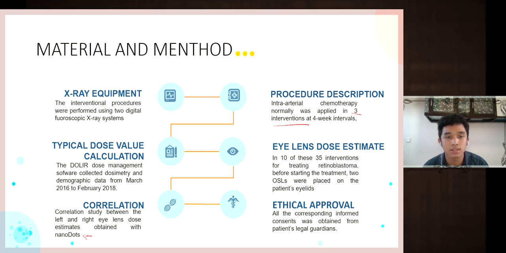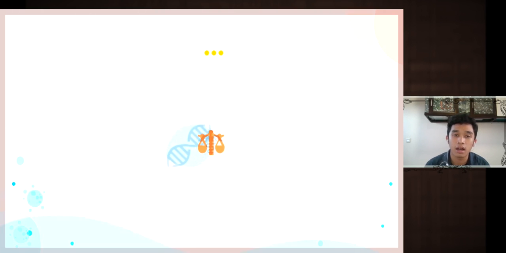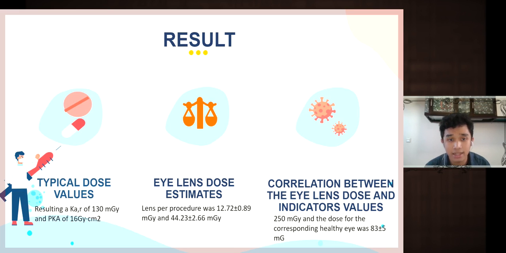Okay, next was the result. The first one is the typical dose value. From March 2016 to February 2018, 60 pediatric patients were treated in 2 fluoroscopic systems with an age range of 1 until 5 years and mean age of 27 months, and 35 procedures were performed.